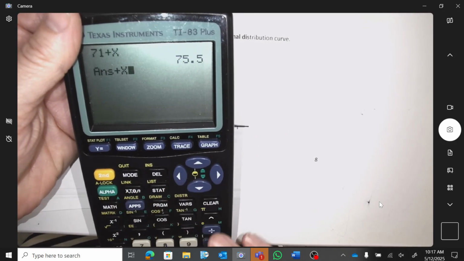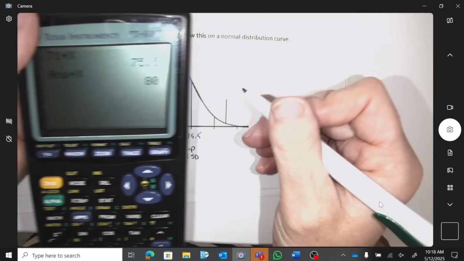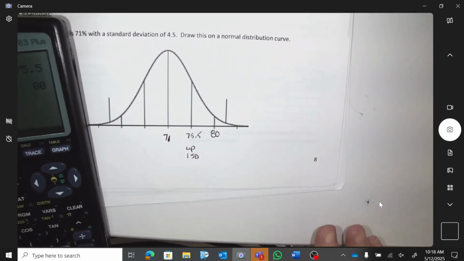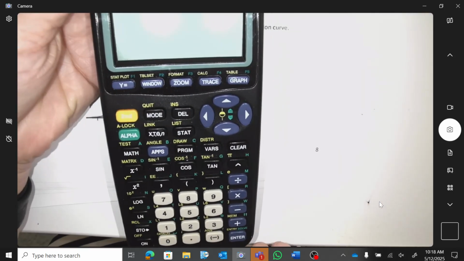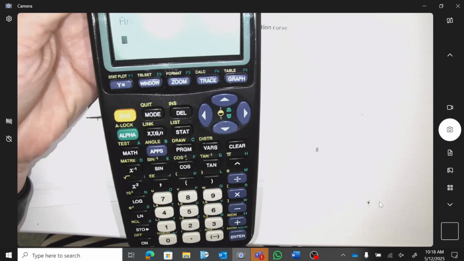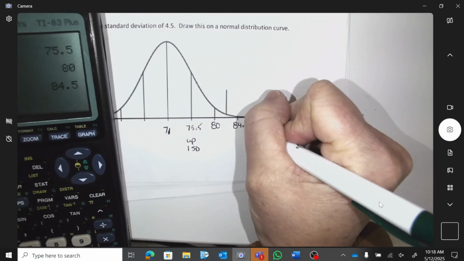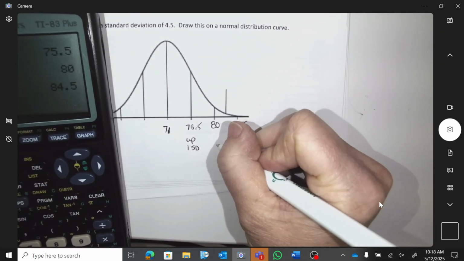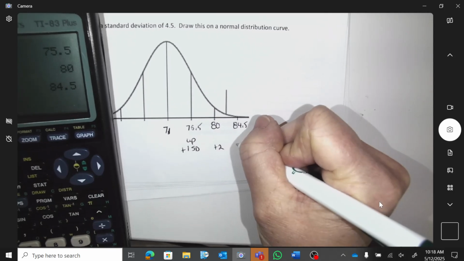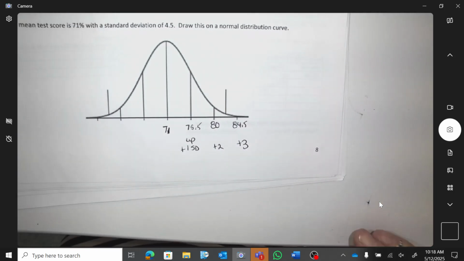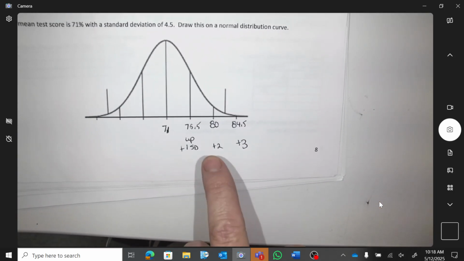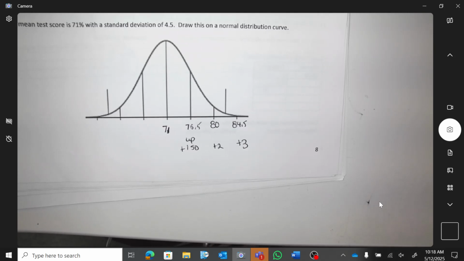If I do plus another X, I get 80. That's my next tick. And if I do plus X again, 84.5. So I went up 1 standard, up 2 standards, up 3 standards.